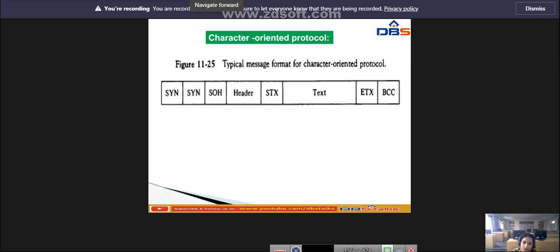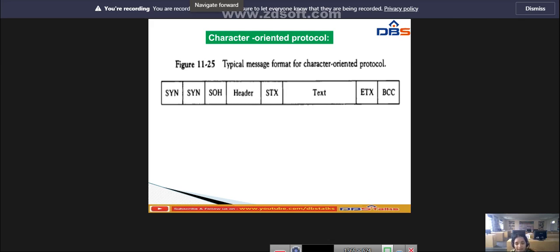So first, the two synchronization characters give proper synchronization at the start of the message. Following the synchronization characters, the header starts with the start of heading character. Next, the header consists of address and control information.